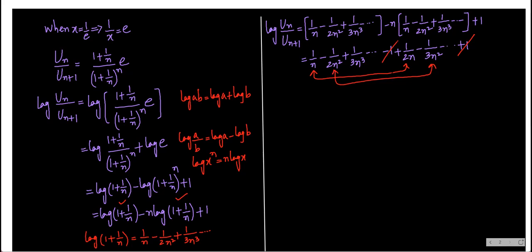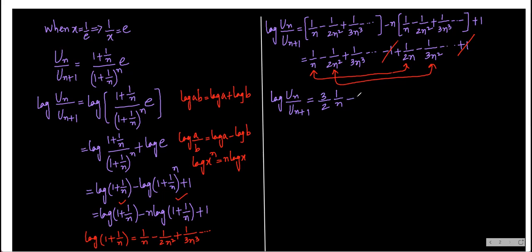So when adding, log of un by un plus 1 equals, when adding 1 plus 1 by 2 is 3 by 2, 3 by 2 into 1 by n. Similarly, 1 by n square is common.